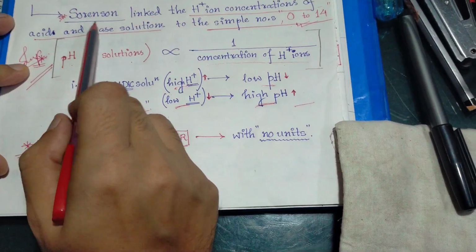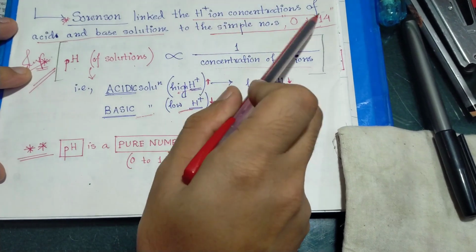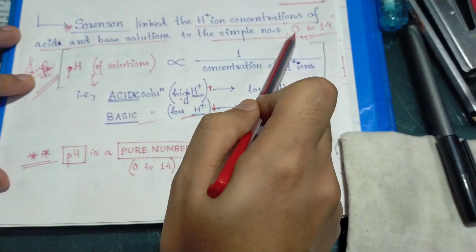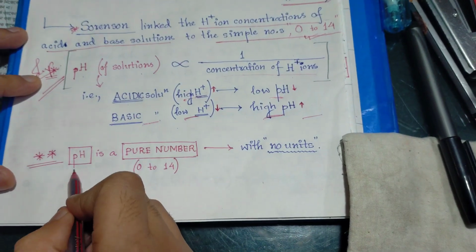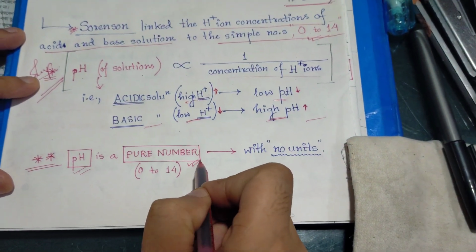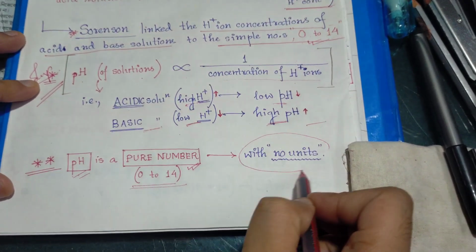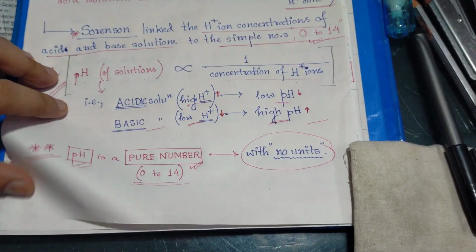So students, Sorensen linked the H plus ion concentrations of acids and bases to simple numbers 0 to 14. So pH is a pure numeric value from 0 to 14 and it has no units. Okay students?